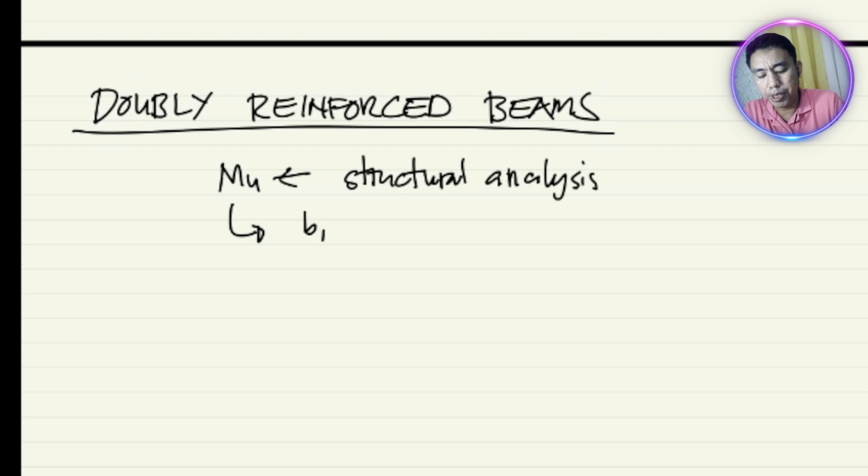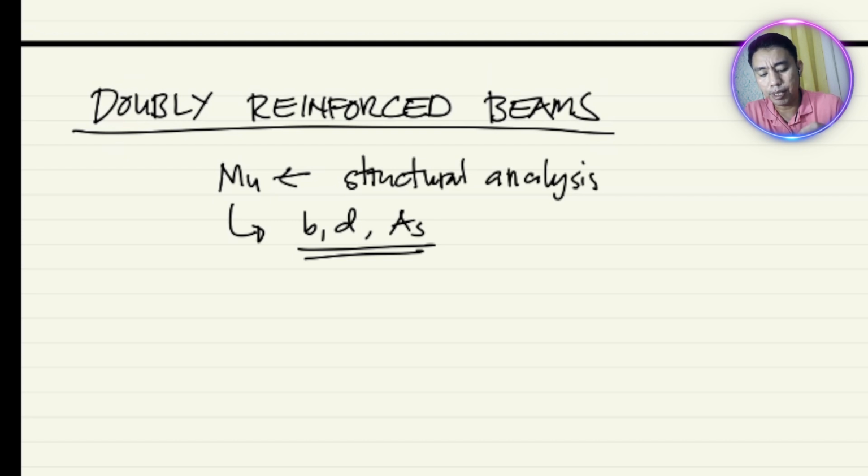So we solve the D, the area of bar required. So that is the normal procedure in designing. Now, in our time, we normally solve for B, determining the B or the width of the beam, and then the effective depth of the beam.